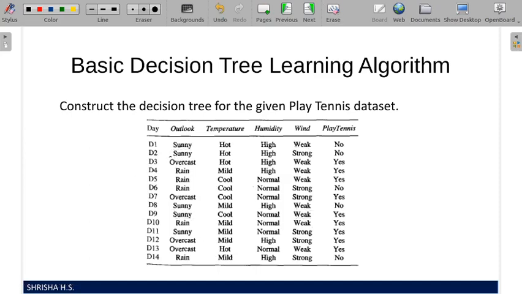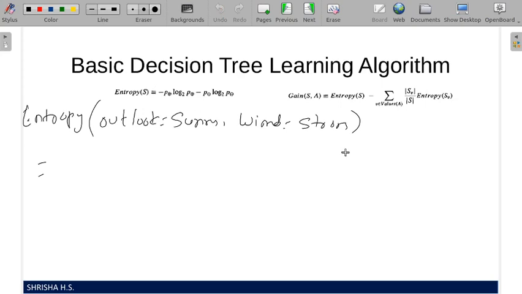Outlook is sunny, wind is strong. There are two instances where outlook is sunny and wind is strong. What are the classifications? One yes and another one is no. So the entropy is 1. Straight away you can write 1.